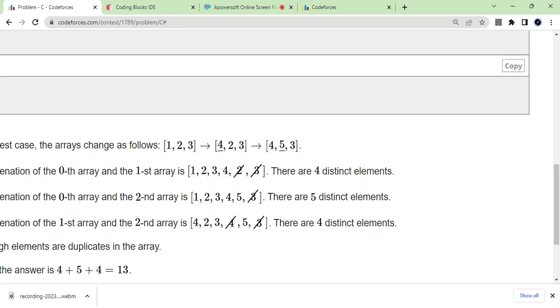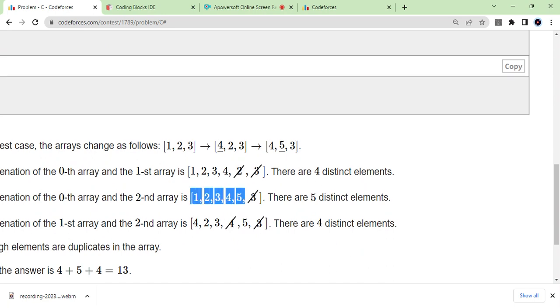And how many elements can be in these concatenations? At max, if 123 was given to you, you change the first element, you change the second element, you change the third element. How many numbers can you change?